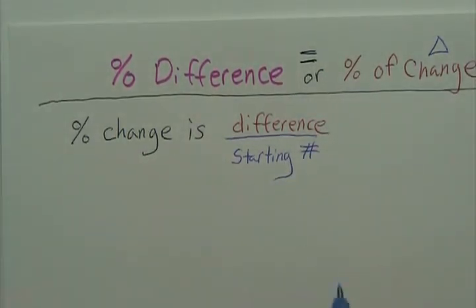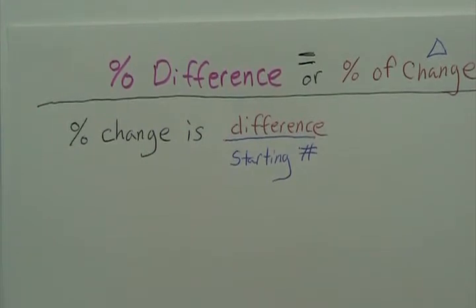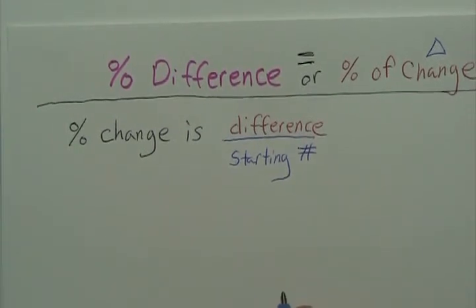Sometimes it's called the original number. Difference over the start, or difference over the original.